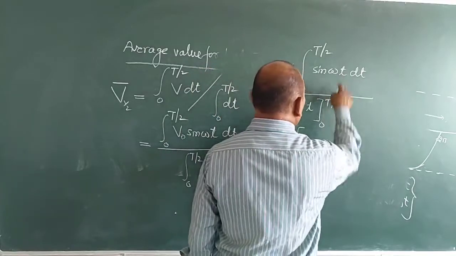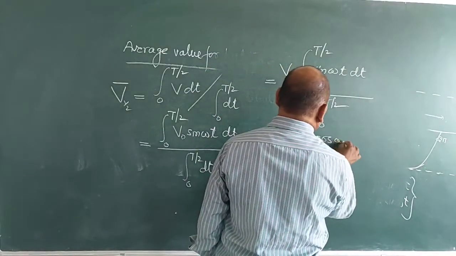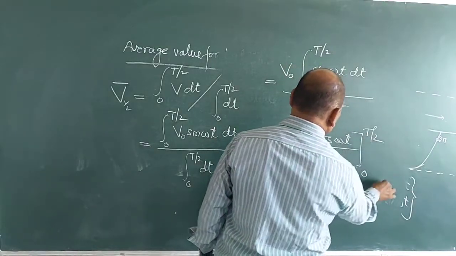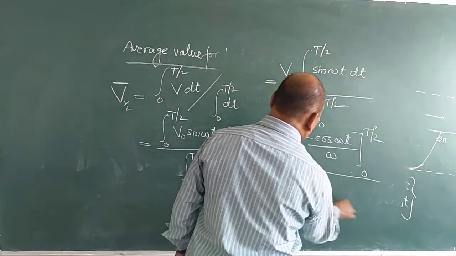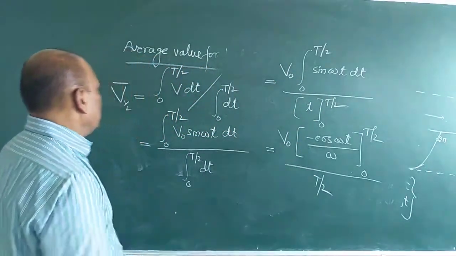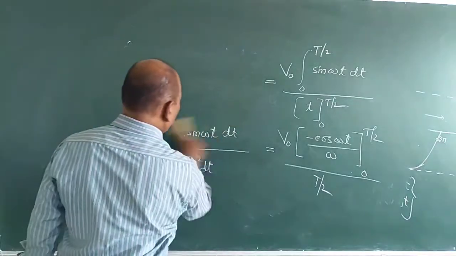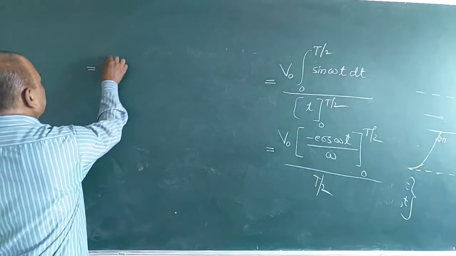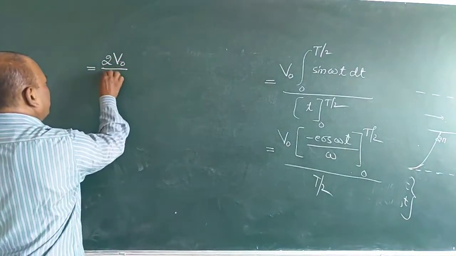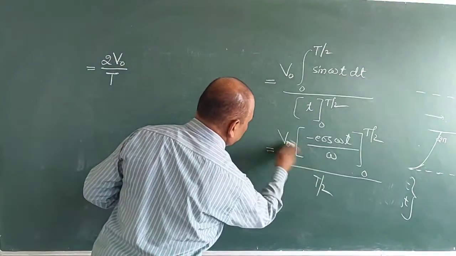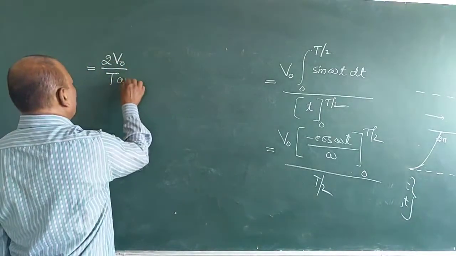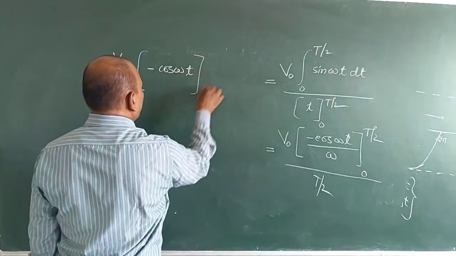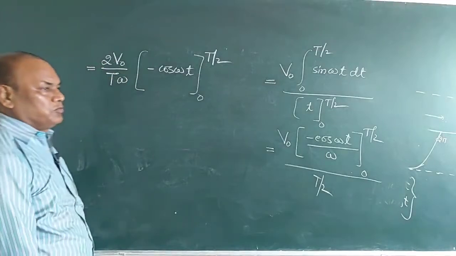Now the integral of sin omega t will be minus cos omega t divided by omega, from 0 to T by 2. Here the denominator becomes T by 2. Now it can be written as 2 V0 upon T, into minus cos omega t upon omega, from 0 to T by 2.